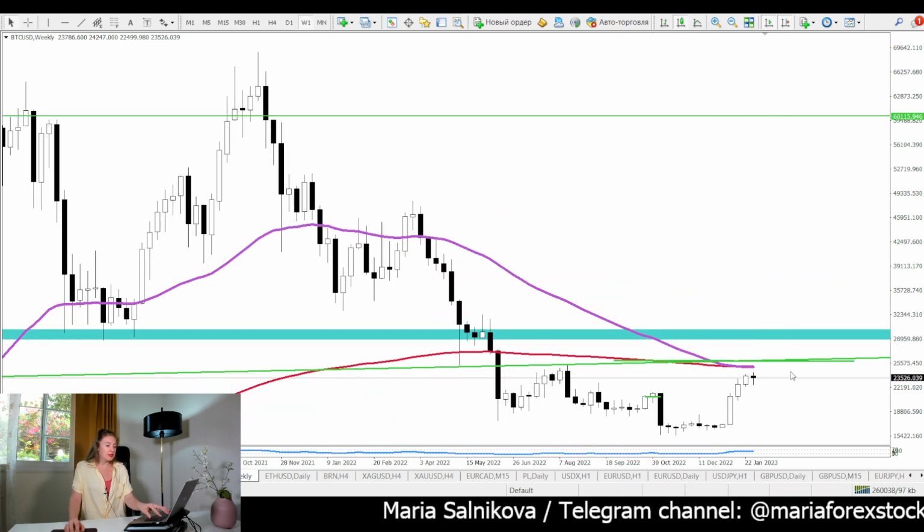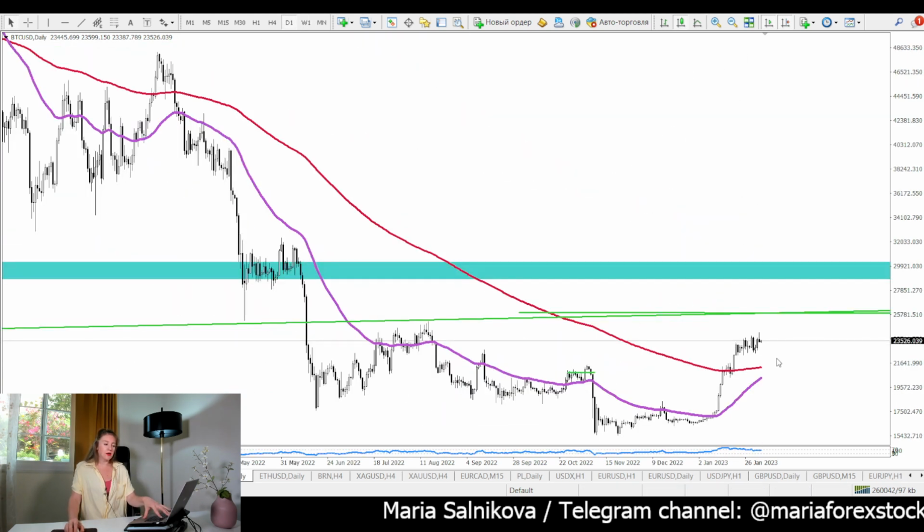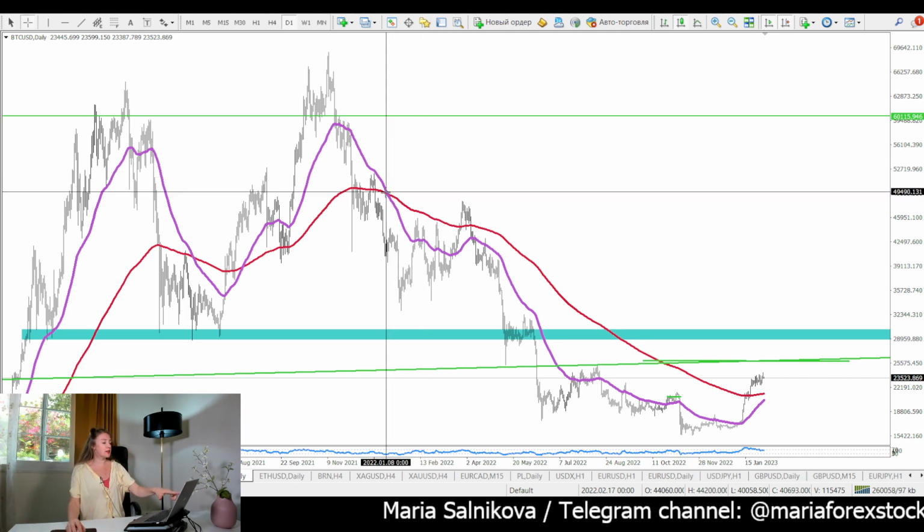Okay, now we go to the daily chart. On the daily chart, look, when the 200 moving average crosses the 50 moving average, this is a signal for us to trade in the direction it shows. For example, over here we got a sell signal.